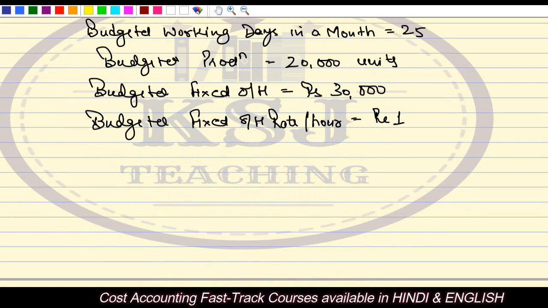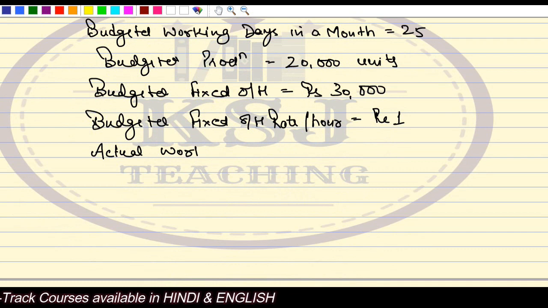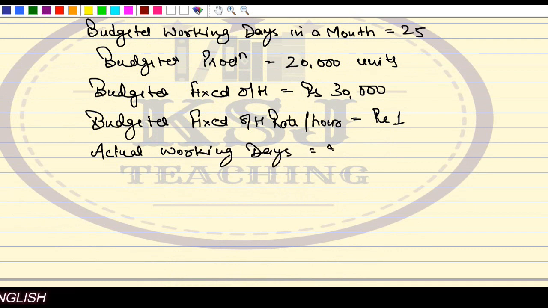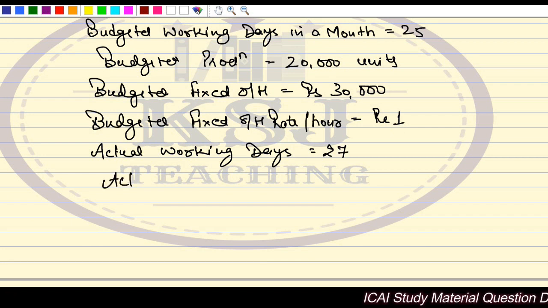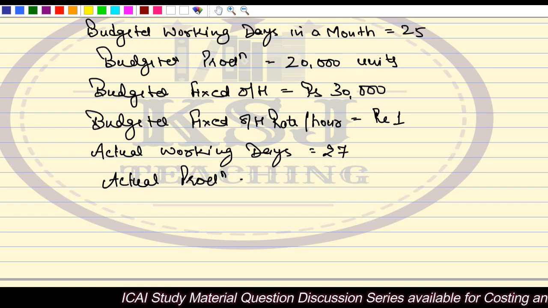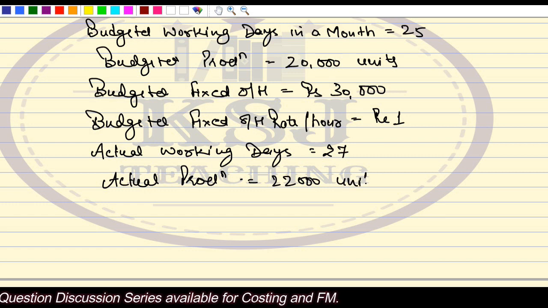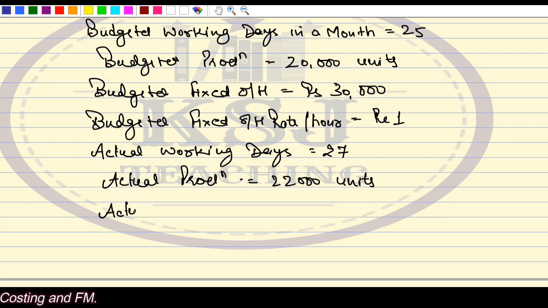After that, actual working days is equal to 27. Then actual production is 22,000 units. Then we have actual fixed overheads.